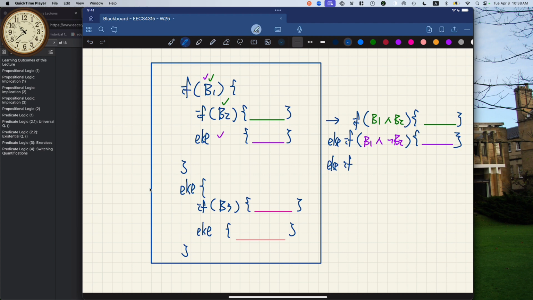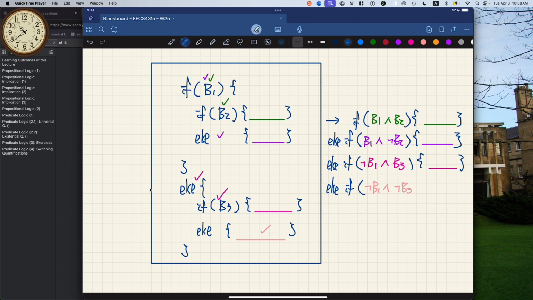Else if, and then let's say this will be not B1 and B3, and that part there would be the pink one. And finally we got this part here, which would basically be not B1 and also not B3, right?